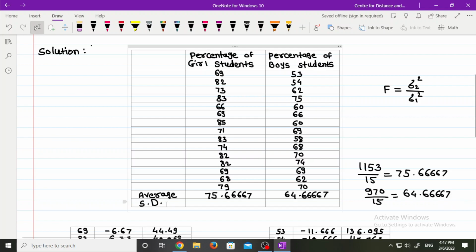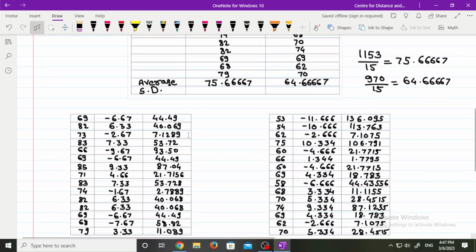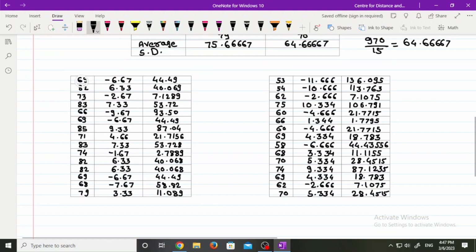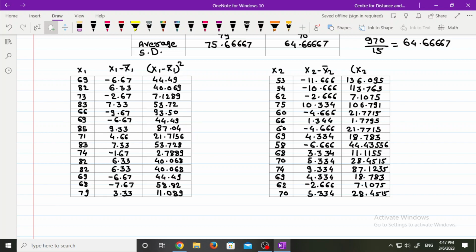Then we have to calculate the standard deviation. For this we prepare a table: x1, then x1 minus x1 bar, and x1 minus x1 bar its square, then x2, x2 minus x2 bar, and x2 minus x2 bar its square.